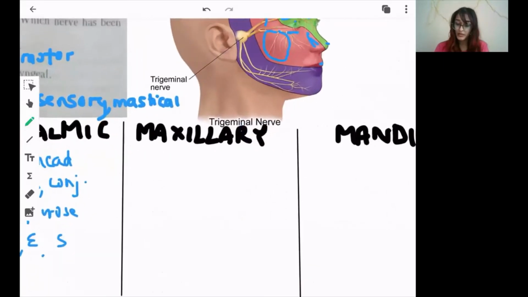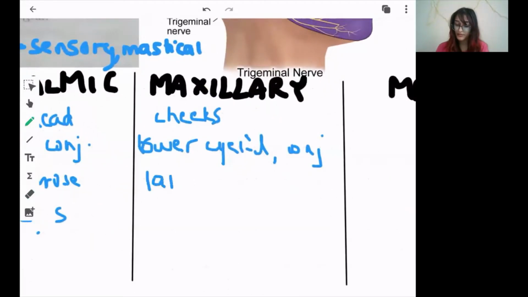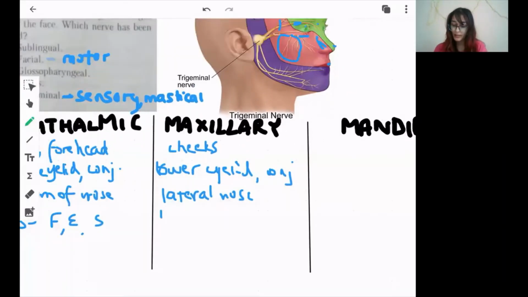So it supplies the cheeks, the lower eyelid and the conjunctiva, and the lateral part of the nose. But it also supplies the upper lip, teeth, and gingiva. All this is supplied by the maxillary nerve.